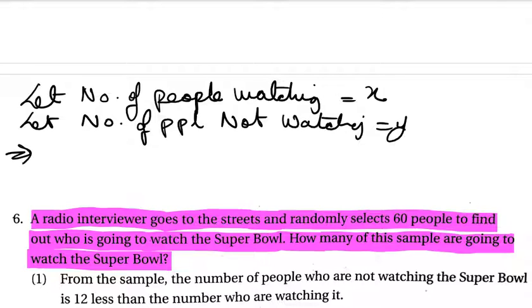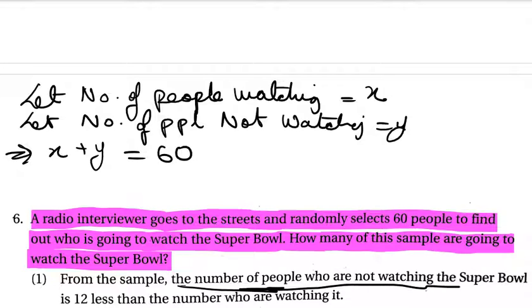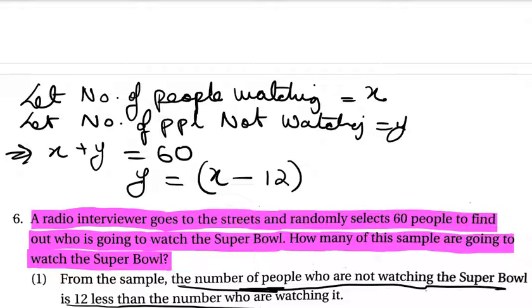That implies x plus y is equal to 60. There is one more condition given over here, that the number of people who are not watching the Super Bowl is 12 less than the number of people who are watching. So the number of people who are not watching are y, which is 12 less than the number of people who are watching. Now if we plug in the value of y in 1, okay, what do we get?